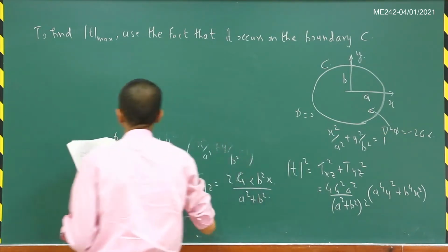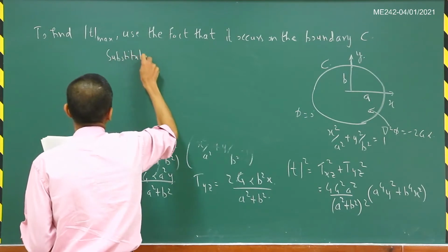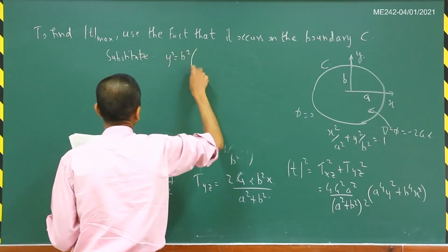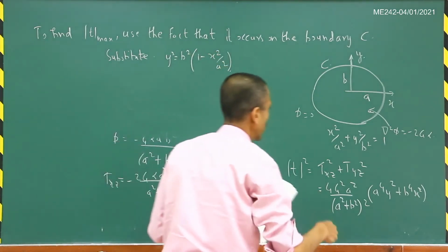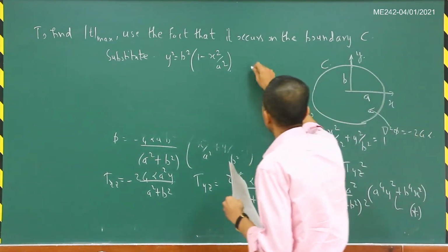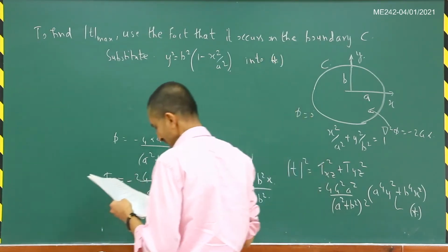So you substitute y square equal to b square times 1 minus x square by a square, into this particular equation, which we call star.